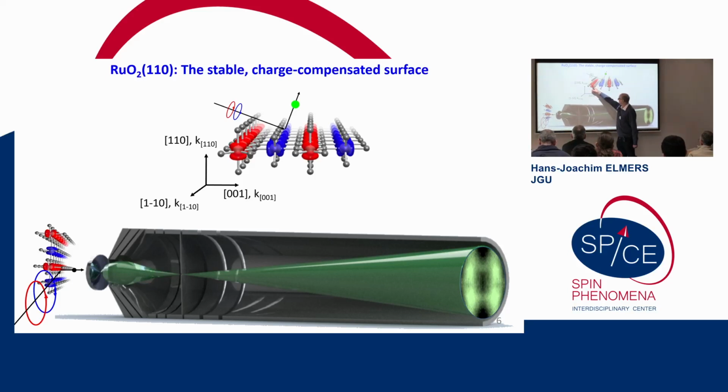So the magnetic moment points horizontal here. 110 is the surface normal, and we shine the light parallel to the magnetic moment, of course.